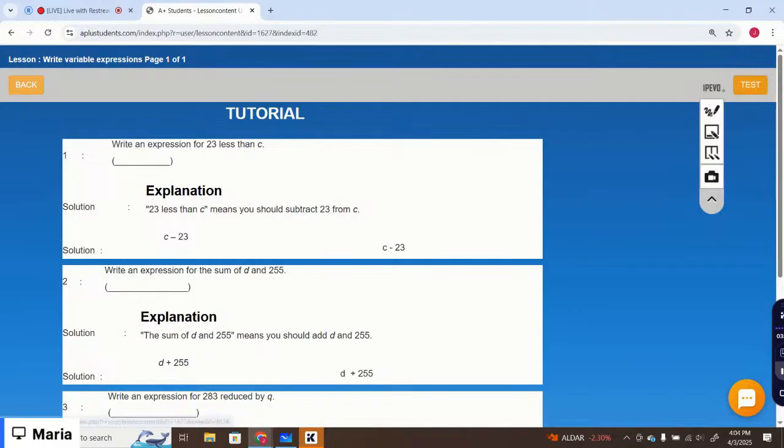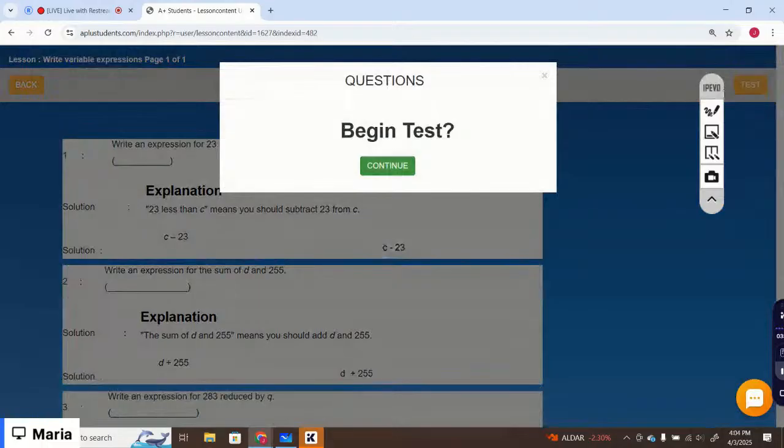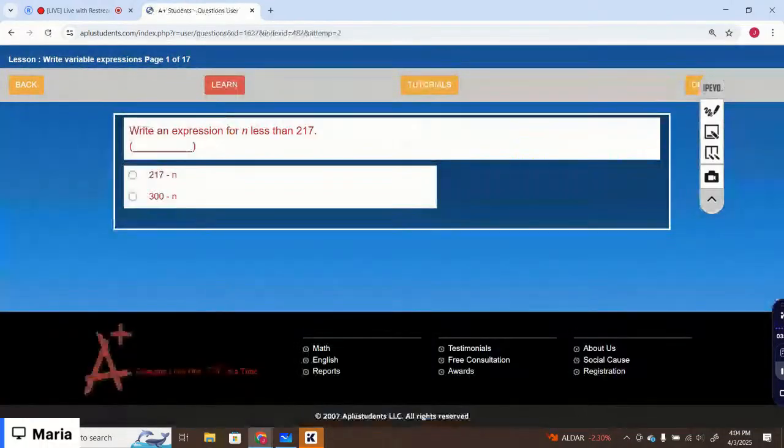Let's just start with test questions. Write an expression for n less than 217. So which is the correct option? So that is 217 minus n. Option number 1 is the correct option.